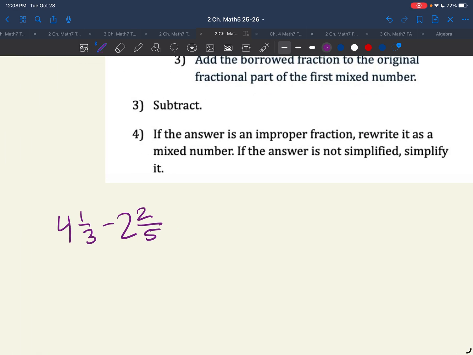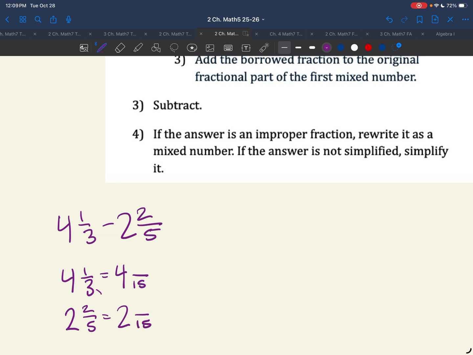So I'm going to create equivalent fractions with the same denominator. So I'm just setting that up down here. All right, so a common denominator would be 15, and that's also the least common denominator.